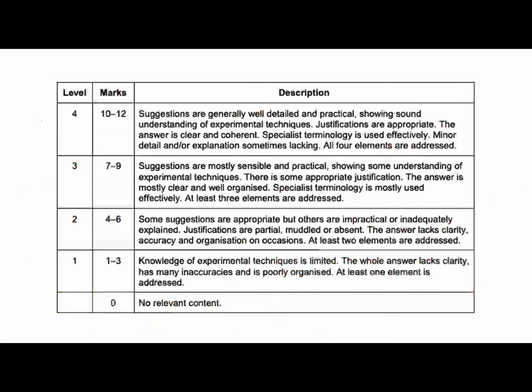So let's have a look at the bands for this question. In order to get 10 or more marks in level 4, you must address all 4 elements. If you didn't get to the last dot point, then unfortunately you've maxed out at 9. Likewise, if you want to get into that third level there, you have to address at least 3 of those elements. Most of you, unfortunately, fell somewhere here between 4 to 6 marks, and it was because your suggestions were inadequate.